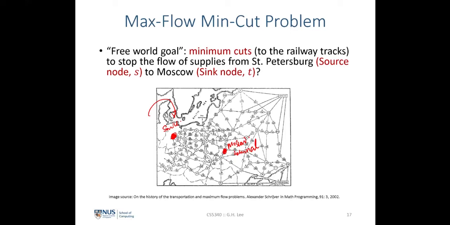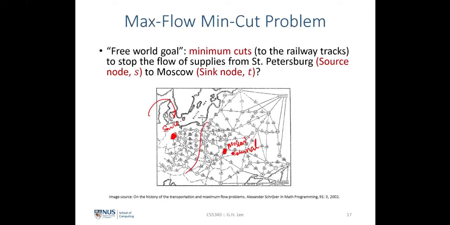Now the question is: what is the minimum cut, or what is the minimum number of connections, or edges, between any two checkpoint nodes in this road network that the Americans would have to destroy in order to completely cut the source from the terminal node?